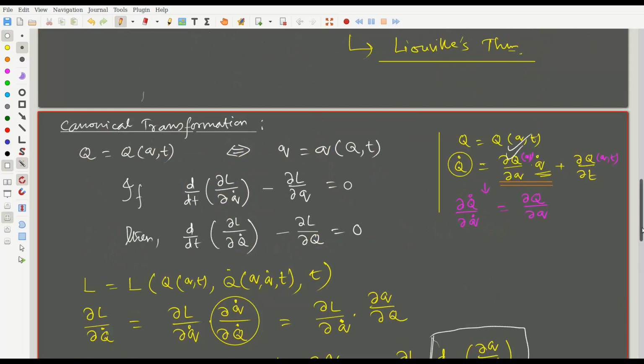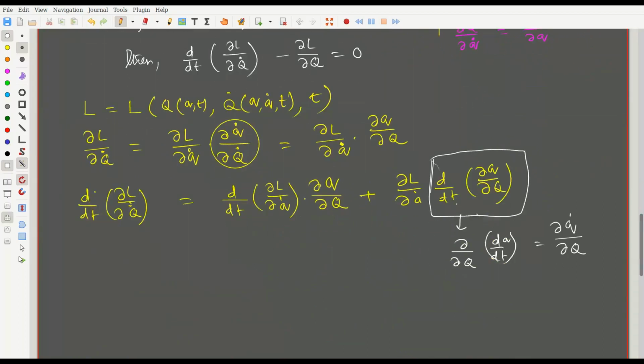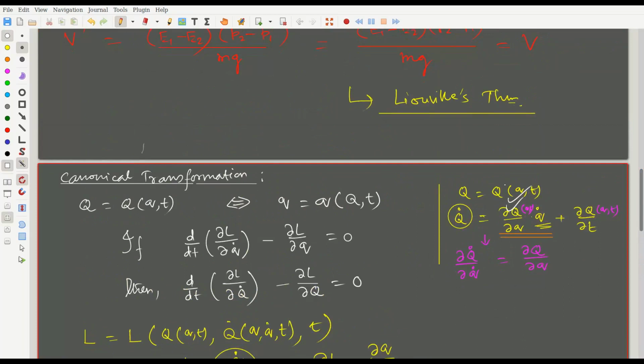You cannot just interchange these two operations, and these two operations will commute only if the dependence is simple like this one. You'll figure it out yourself.